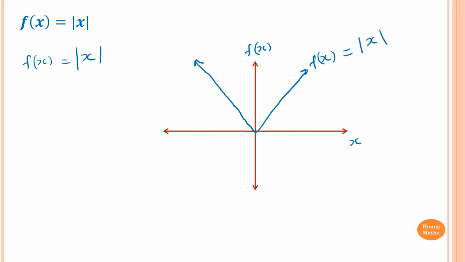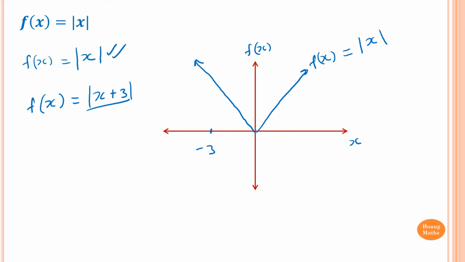So what happens if f(x) is equal to, let's say, the absolute value of x plus 3, for instance? This is the original graph, and it just moved 3 to the left horizontally. So this is roughly negative 3 here, because it moved to the left.